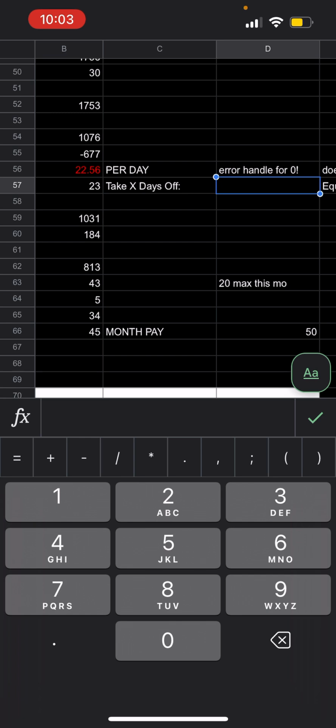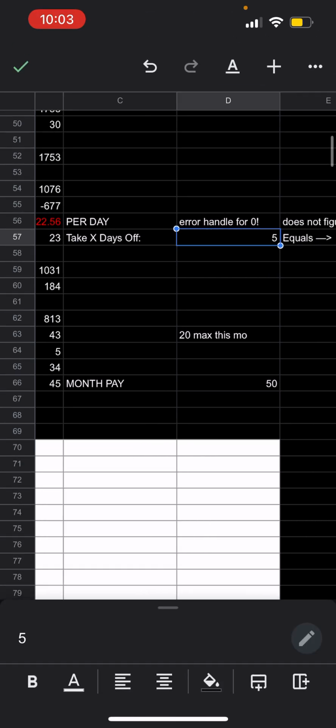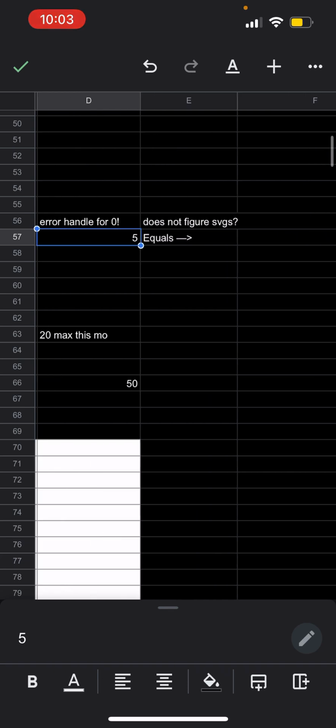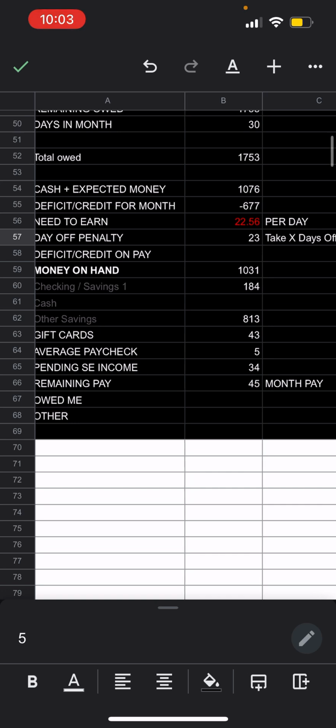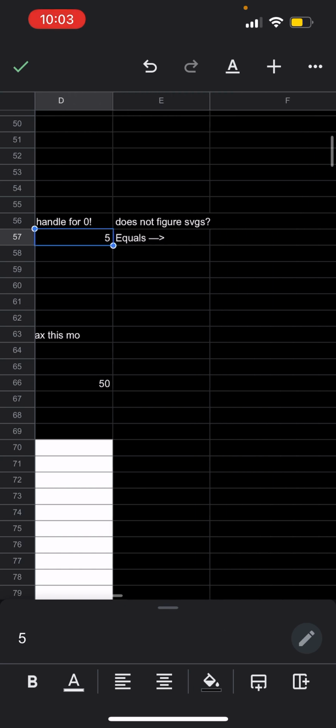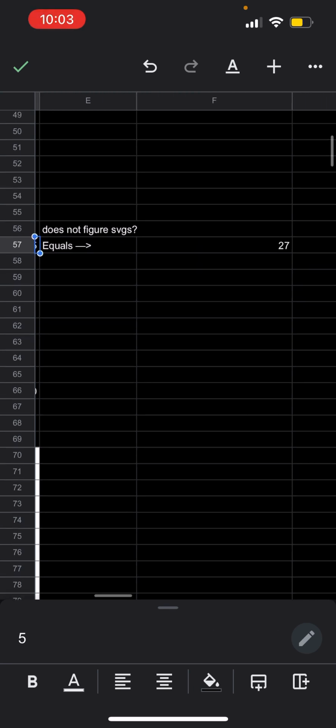And this is just a ballpark figure. So if you put 5 days off here, right now I would have to make 23 a day if I took a day off. And then if I took 5 days off, it would go up to 27.